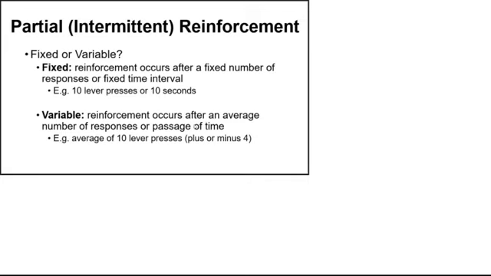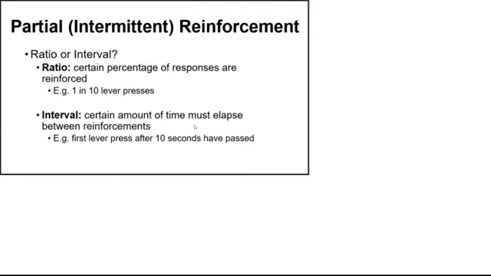That means they might get reinforcement as early as the 6th lever press, or, by chance, they might have to wait as long as the 14th lever press. The average overall will be 10, but we have some variability in when it occurs, hence the name variable. That's our first question: fixed or variable? Is it a hard limit or is there a little bit of flexibility?